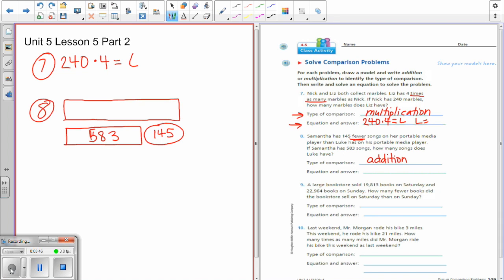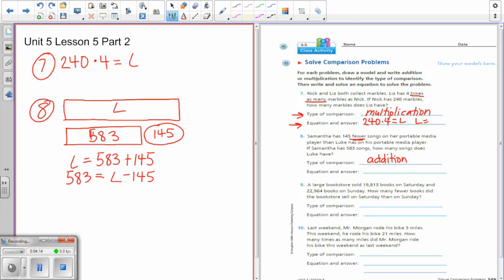So in order to figure out how much Luke has up here, I'm going to put a capital L. Luke equals 583 plus 145. Another way that this could be set up is that Samantha equals Luke minus 145.